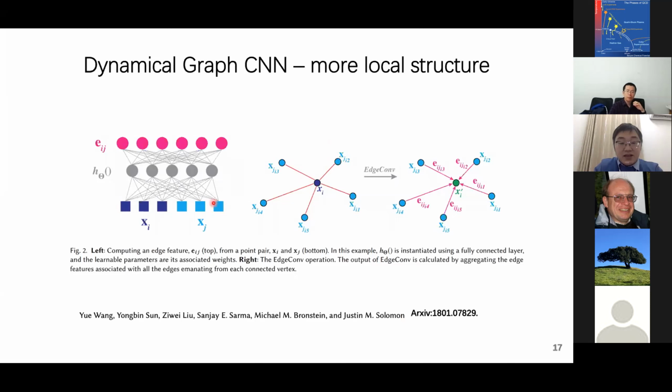These are their coordinates, and this fully connected neural network produces several neurons which represent the features of this link or this edge. This convolution and this neural network are shared by all the edges. So it's called edge convolution.